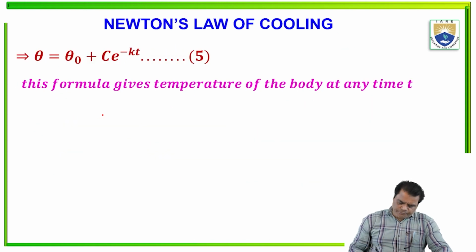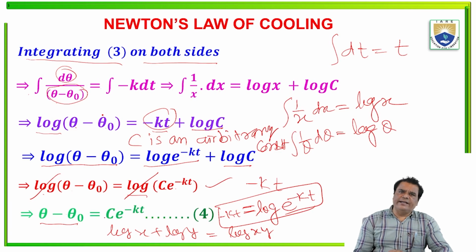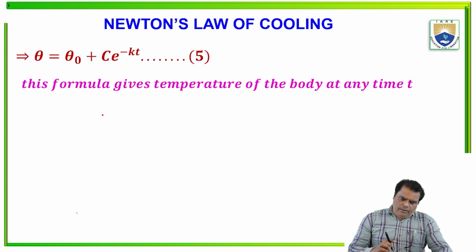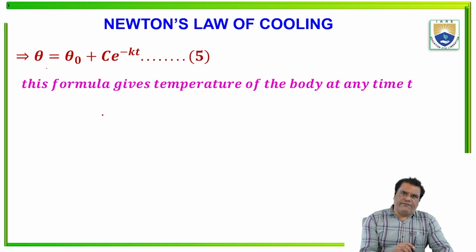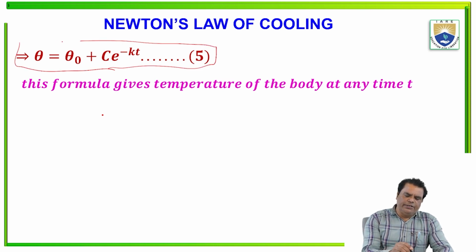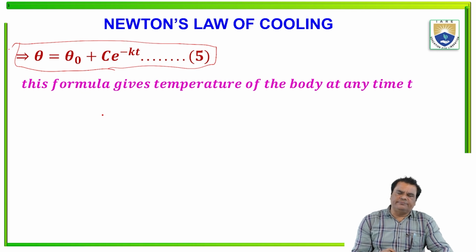Now taking theta naught to the right-hand side, where theta naught is constant, c is an arbitrary constant, k is the proportionality constant, t is time, and theta is the temperature of the body at any time t. Finally we get the formula theta equals theta naught plus c e to the power minus kt.